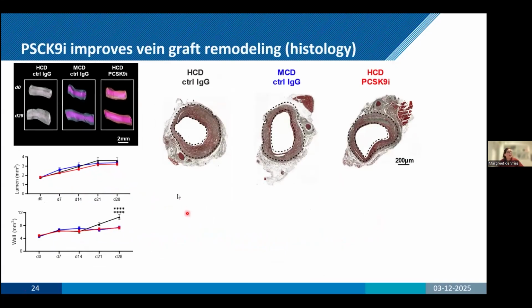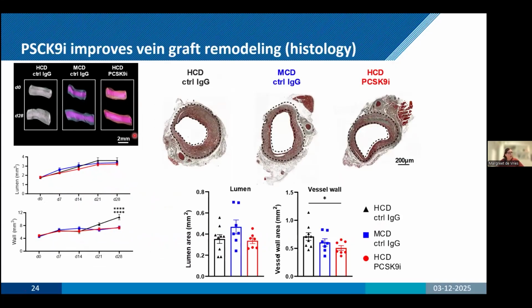When we compare this with the histology, we saw comparable values where we indeed saw a significant reduction in vessel wall area upon PCSK9 inhibition comparable to regular cholesterol lowering.